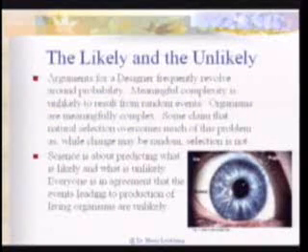Talk about the likely and the unlikely. Arguments for a designer. Meaningful complexity is unlikely to result from random events. We often look at the human eye and the complexity of the eye. I can't rattle off all the features of the eye, but think about the fact that your eye blinks so many times per second, it's well oiled, and it can adjust to light and to darkness.